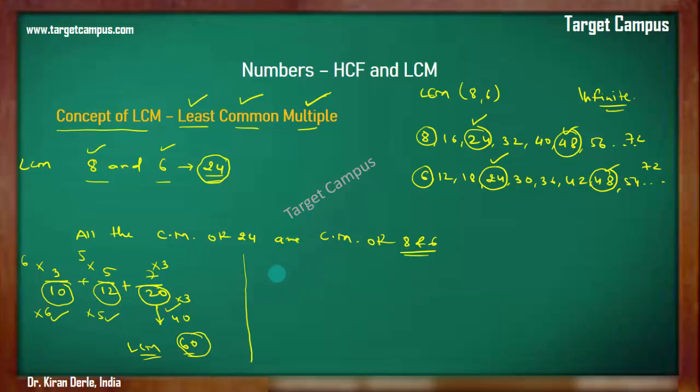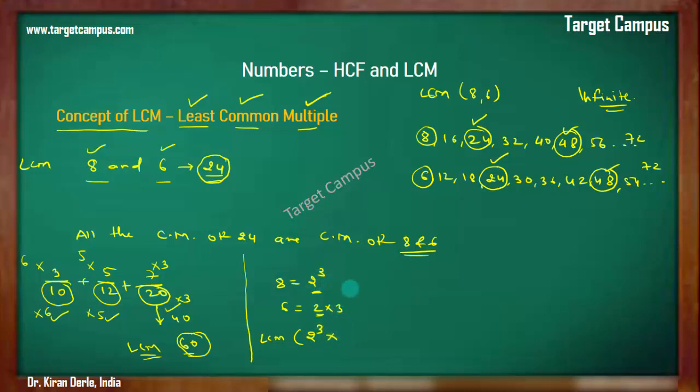So the next method is to calculate LCM of these or this. Let's take this one example. So 8 can be factorized as 2 cube, and 6 can be factorized as 2 into 3. So whenever we calculate LCM, we take common numbers and their highest power. Common is 2, the highest power is 3, right?